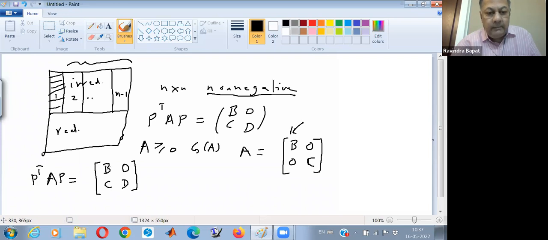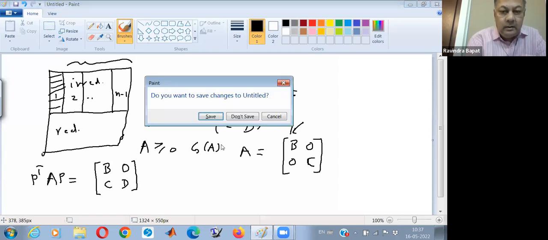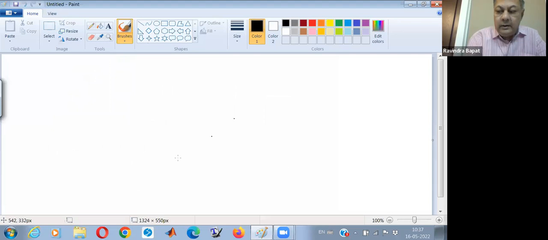Now here B and D may be reducible, or they may be irreducible. So I can do this further on B and on D, and I'll get a further partitioning. Ultimately you can put it in a certain canonical form.